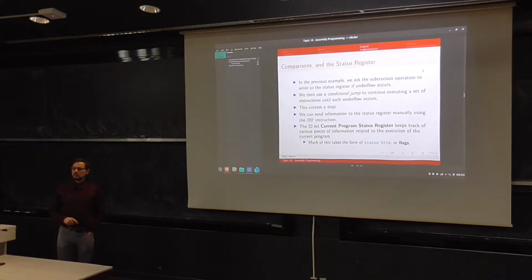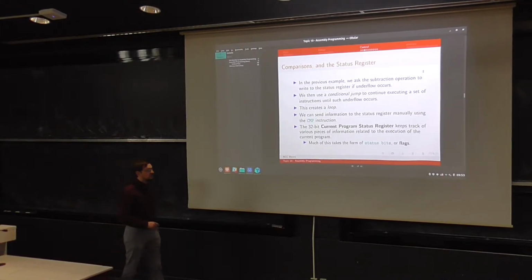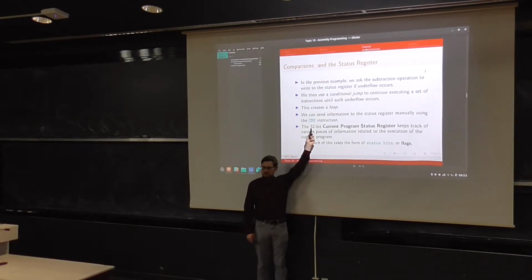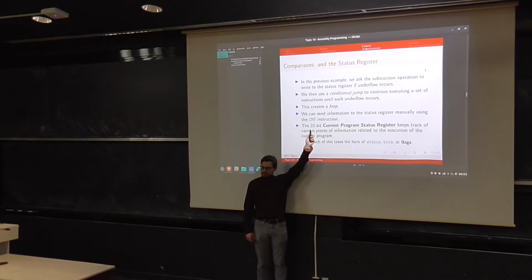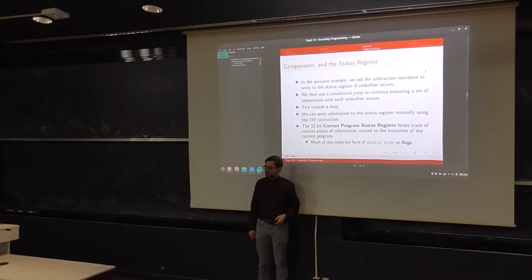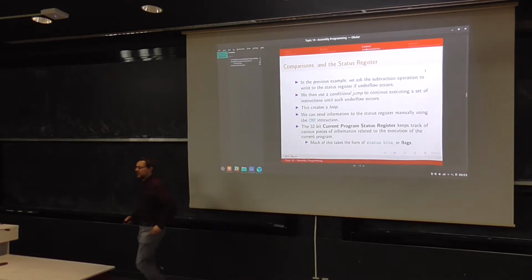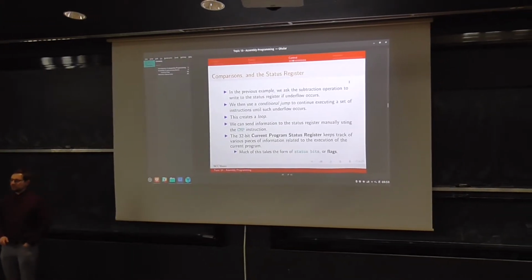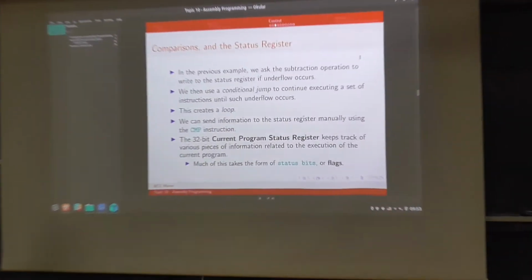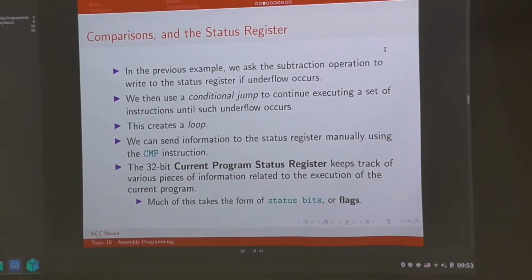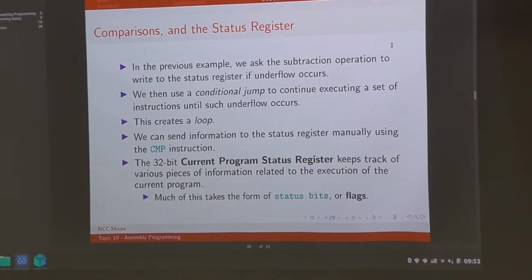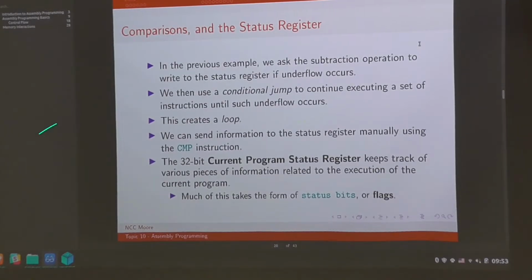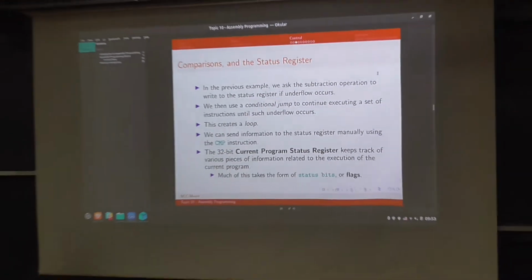So if you want to avoid having to do this with the subtraction operator, you can manually set the status register with the CMP command, which is compare. So you can compare two values directly. You might be saying to yourself, then why did the previous example do all of this nonsense with the subtraction operator? Answer: this is precisely the type of optimization that you program in assembly to be able to do.